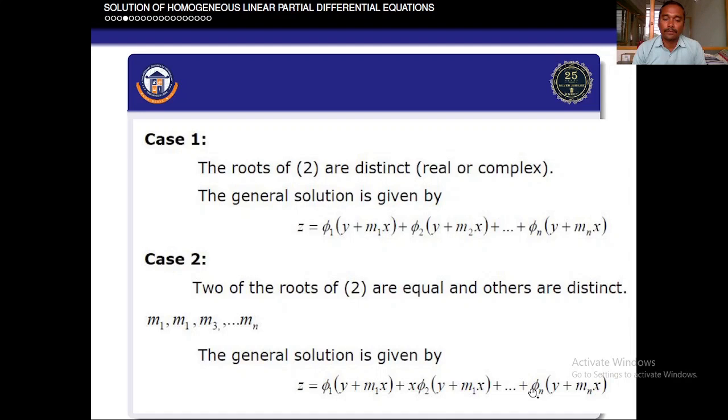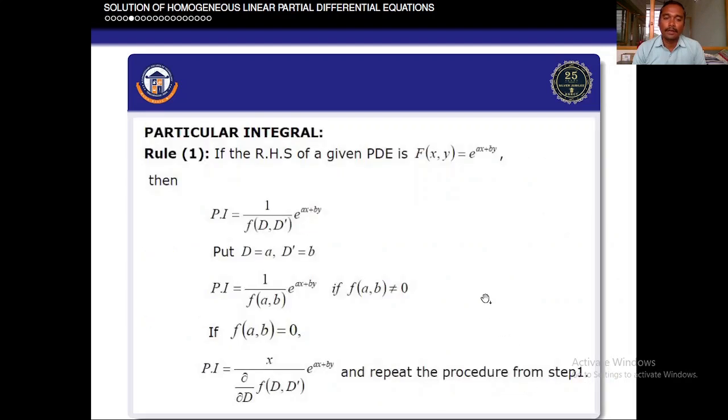Now see the procedure for calculating the particular integral value. So PI is 1 divided by f of D comma D' into the right side function. In this case, I am assuming the right side function of x comma y as an exponential function in terms of e^(ax+by). Then PI equal to 1 divided by f of D, D' into e^(ax+by).